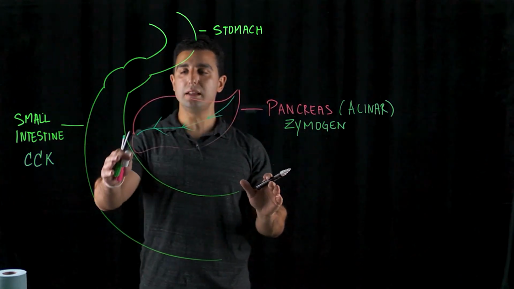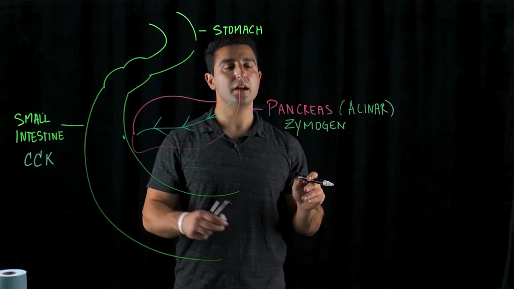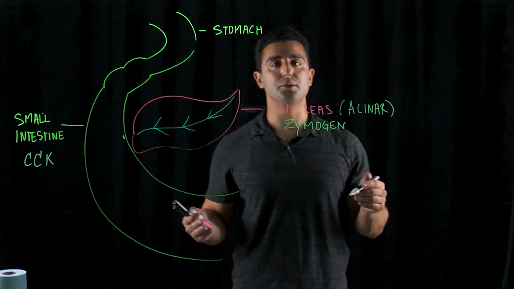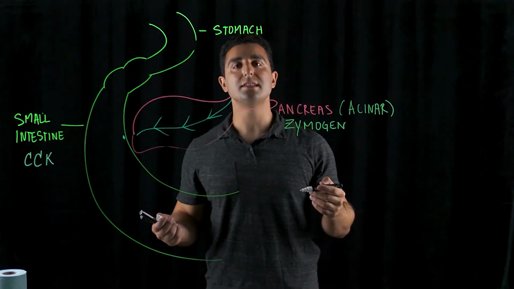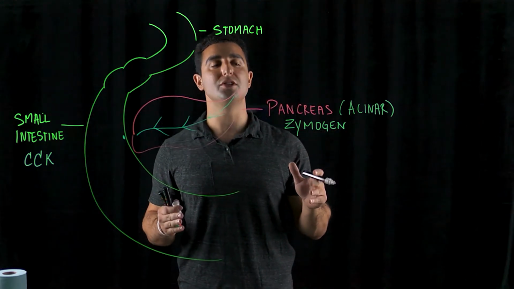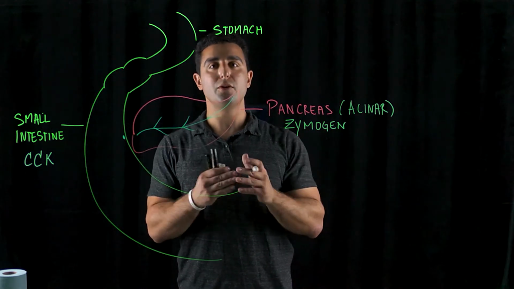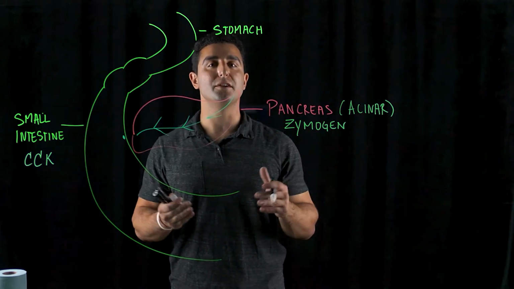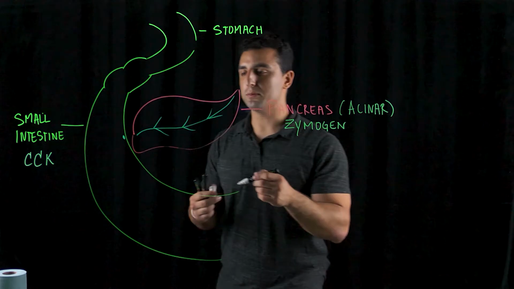And so now in the duodenum, you have all of these inactive proteins. This is important because you need to find a way to activate these proteins, these zymogens, these proteases. If they don't become active, they're non-functional, so there's no point in even bringing them in the first place.